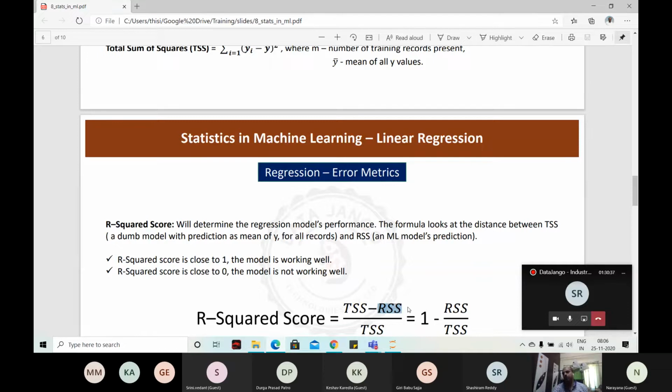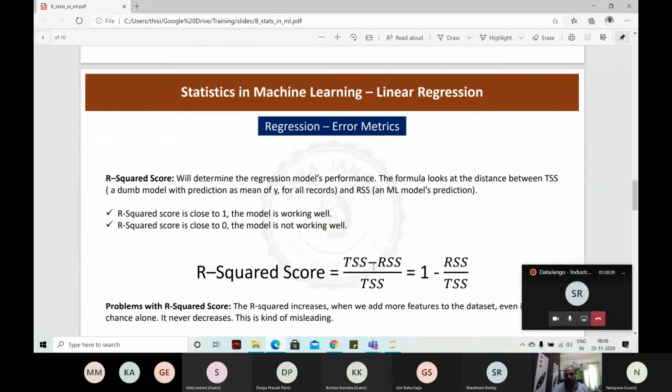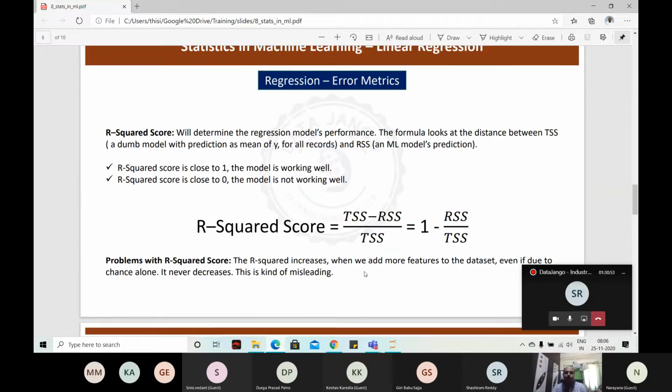That means the numerator is going to be 0, so R square is going to be 0. If R square score is 0 or close to 0, the model is not working well because its prediction is as good as the average of the target variable.